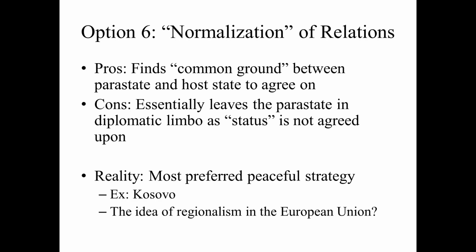But in that case, Kosovo either has to be upgraded to a full independent state, and it needs to bypass those 5 no votes on recognition, or, and this is something that is still within the woodwork here, and this could be one way forward for parastates, they are recognized as regions rather than sovereign states.